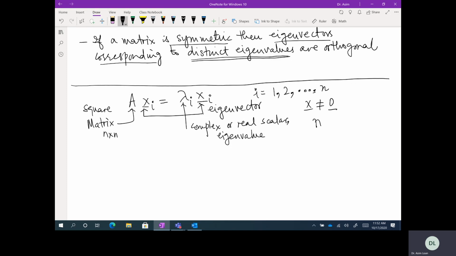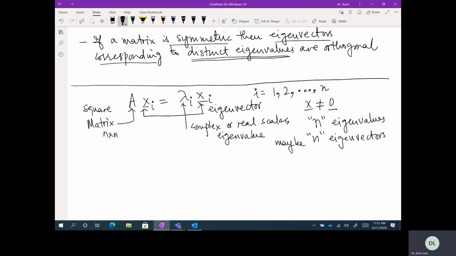So we have n eigenvalues and maybe n eigenvectors. If we have n eigenvectors, then we'll be able to diagonalize this matrix, which is the goal of the chapter.